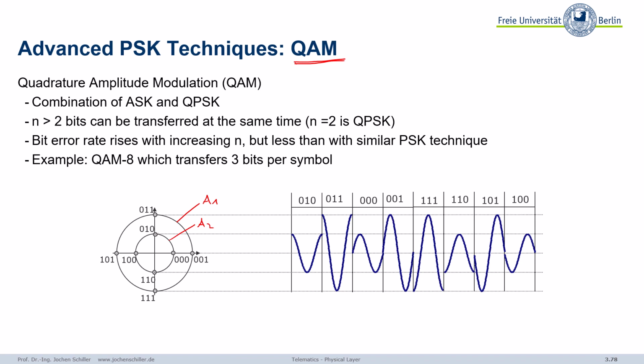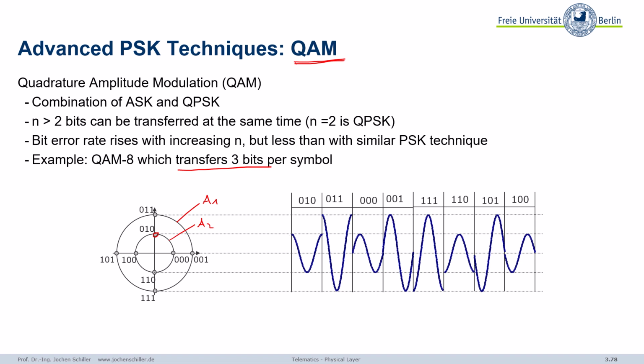You see now 8 points in the constellation diagram. If we have 8 points, we can transfer 3 bits per symbol. So you have a scheme that scales well by inserting more and more points in the constellation diagram.